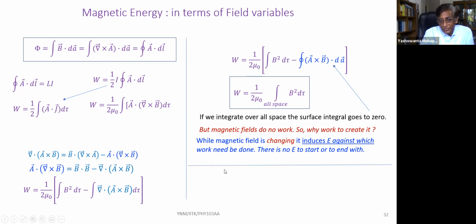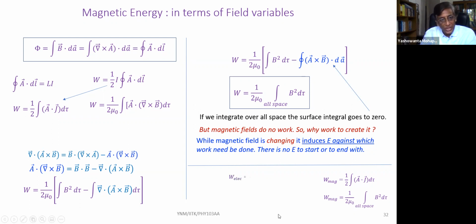All right. Now, we have seen that W magnetic is 1 by 2 mu naught over all space B squared d tau. And we have seen that I can express it in terms of A dot J d tau. So they are the two relevant formulae, the very general formula, this in terms of the field B, and this in terms of the potential and the source. Isn't this very similar to what we have seen in electrostatics also?